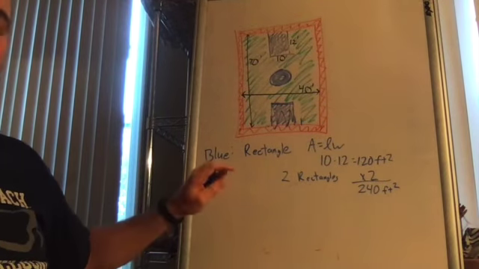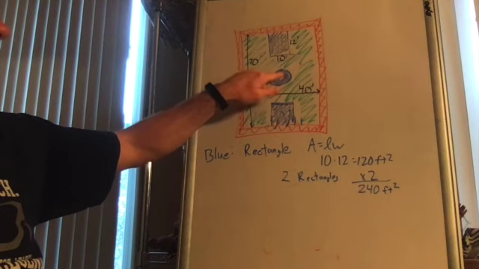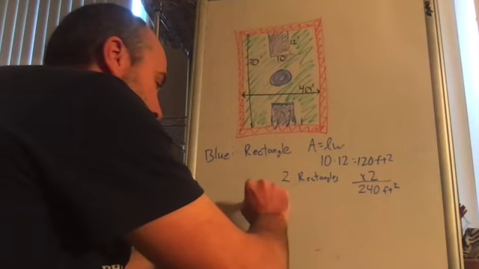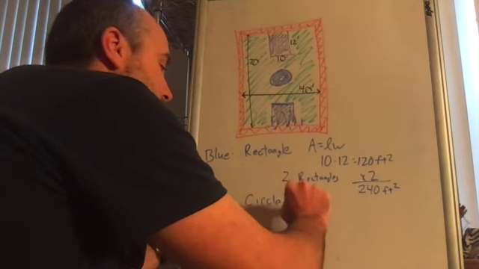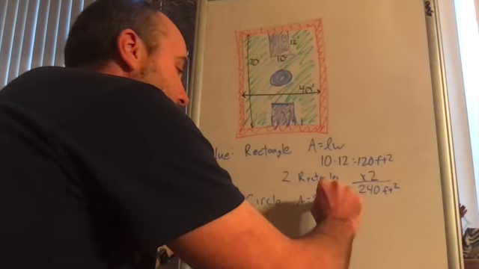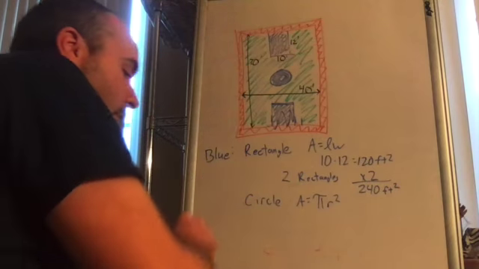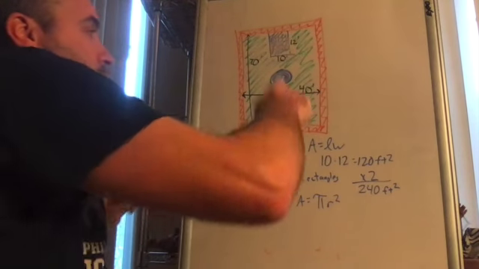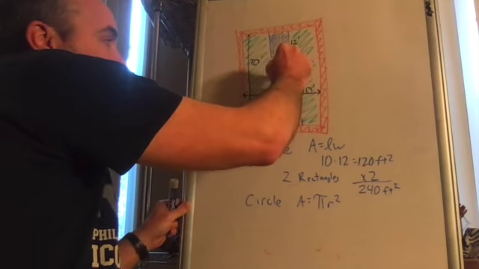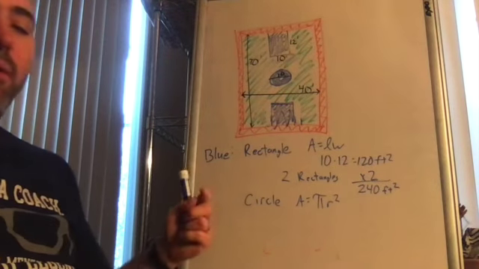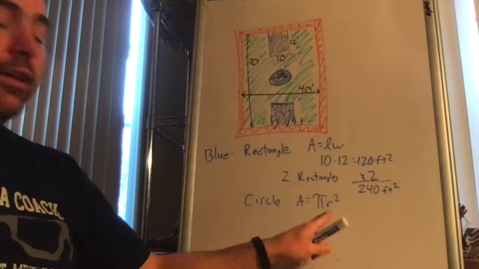All right. So then after that, we turn our attention to the circle, and the circle is pi r squared. And we talked about going across this circle. So the diameter of this is 10. But remember, that's the diameter. We need the radius.